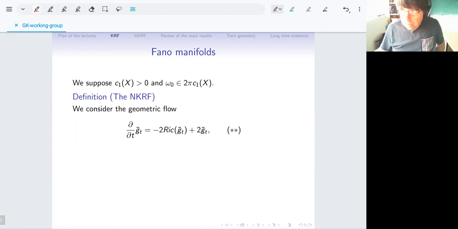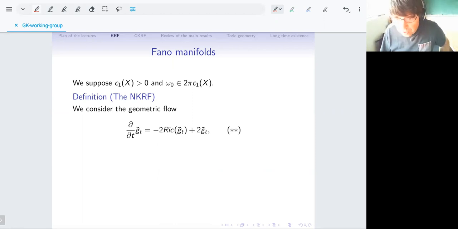So in this case, we will pick an initial Kähler metric which is already in this positive Chern class c1. We will make this normalization assumption that we take exactly 2π c1(X) as the cohomology class, and with this assumption, instead of the Ricci flow, we will introduce a modified version of it.